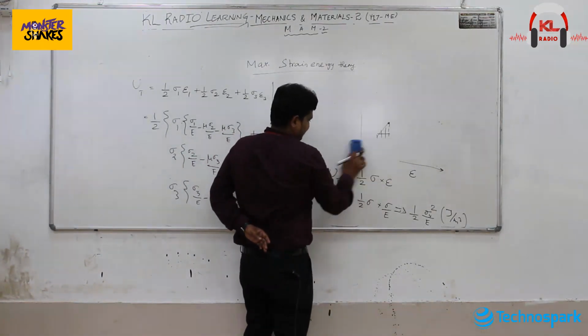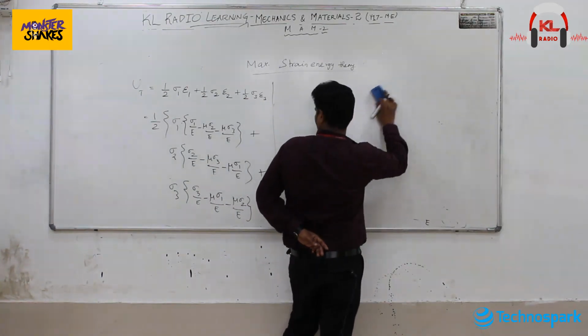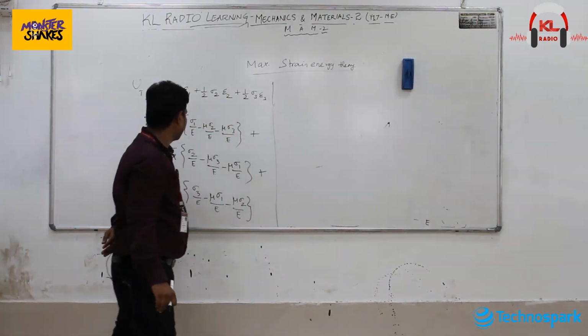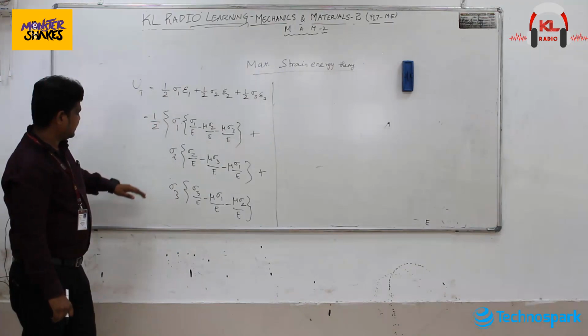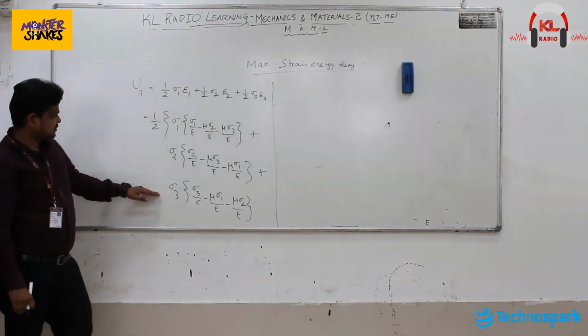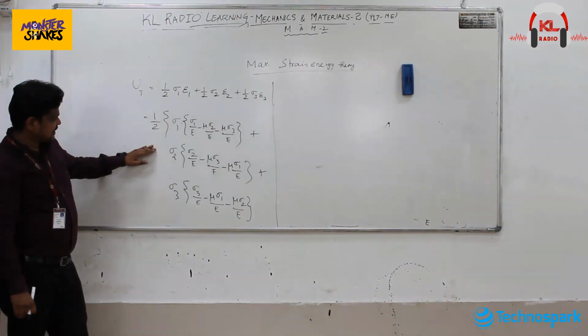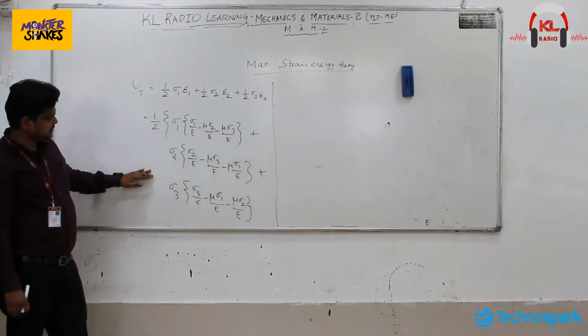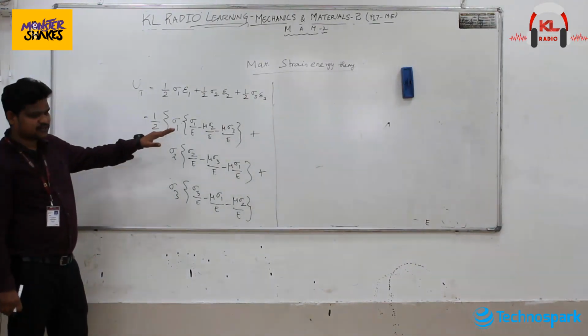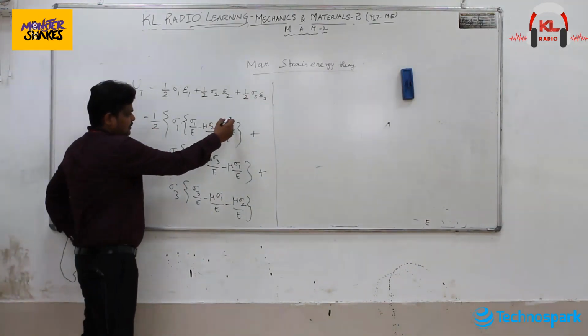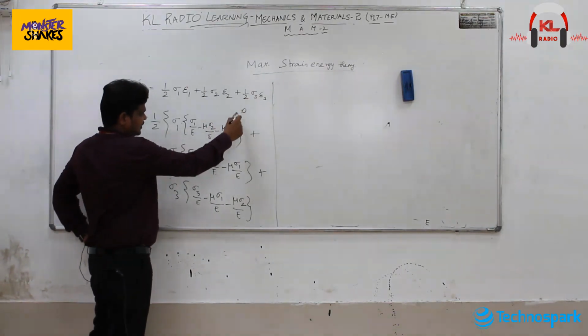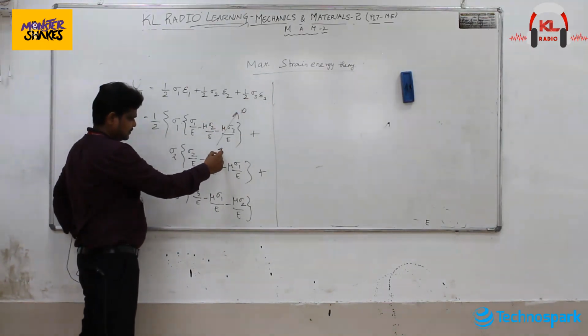If we try to simplify this equation, first I will try to reduce it to the biaxial loading condition, because our interest is in solving for biaxial cases. So the sigma 3 term will not be there in biaxial.